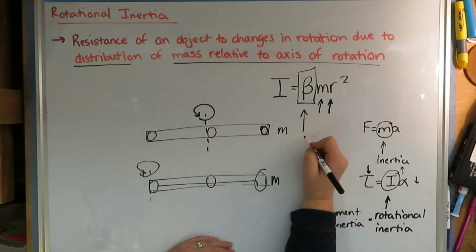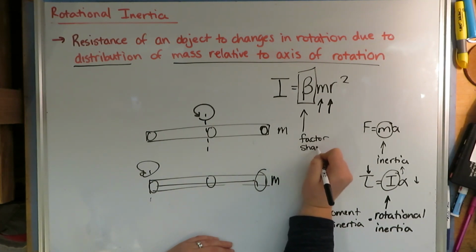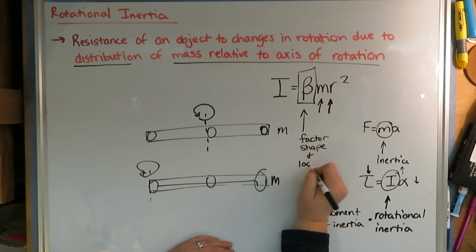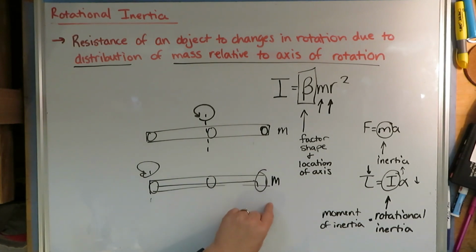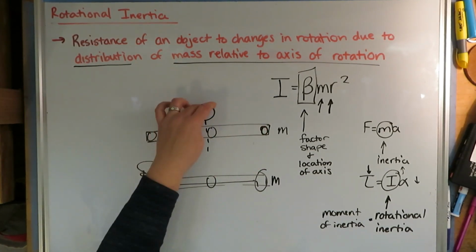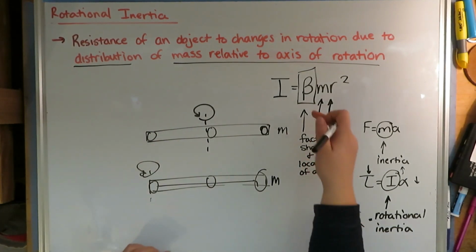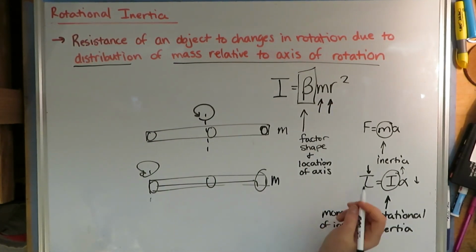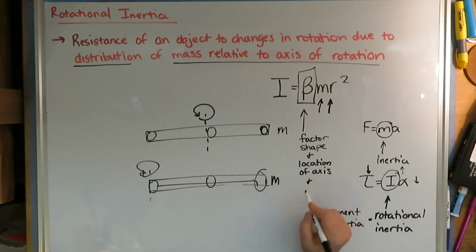This factor is based on the shape of the object and the location of the axis relative to it, so even though these have the same mass, because their mass is distributed differently about the axis in these two cases, they're going to have a different coefficient, a different value for beta.